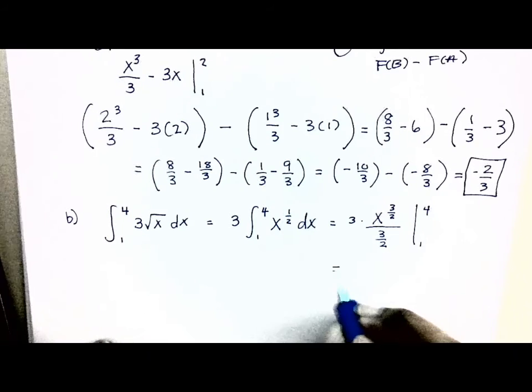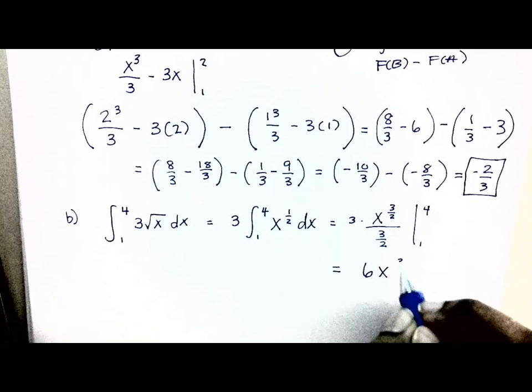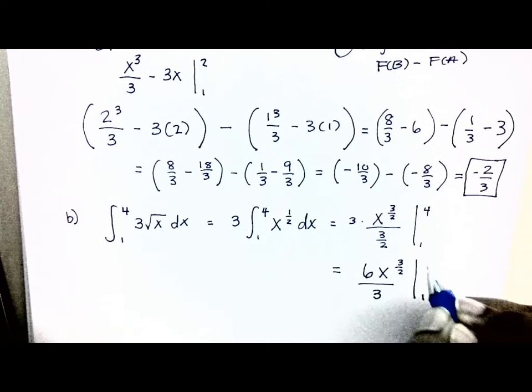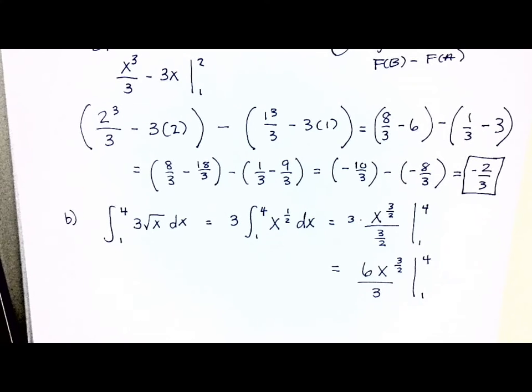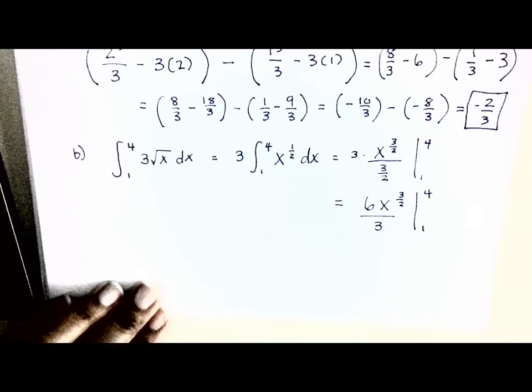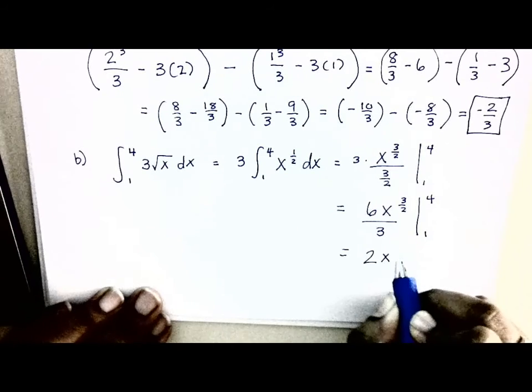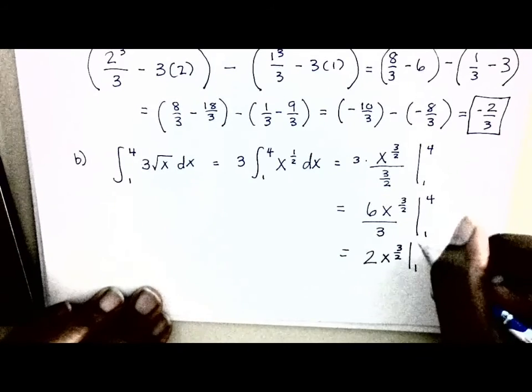So we get 6x to the 3/2 over 3 from 1 to 4. So that just reduces to 2x to the 3/2 from 1 to 4.